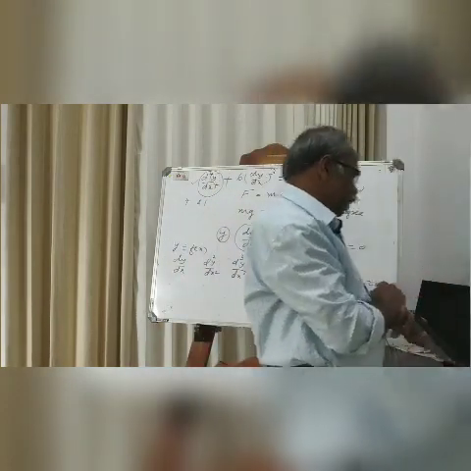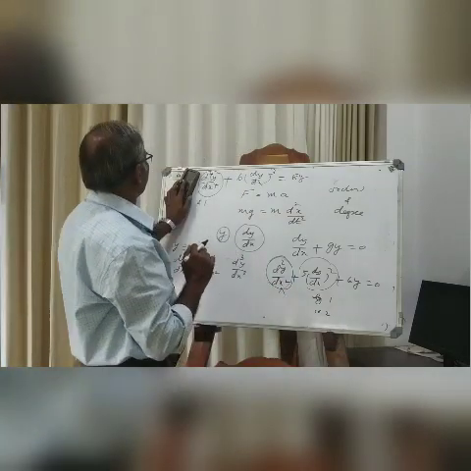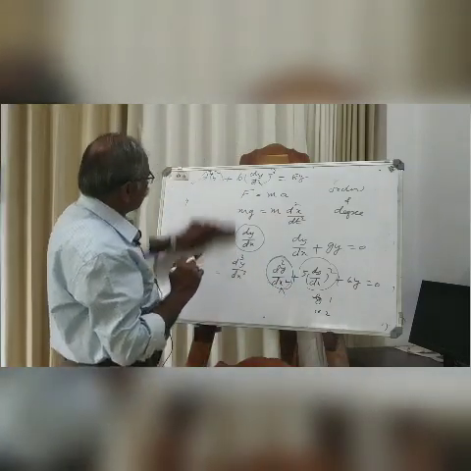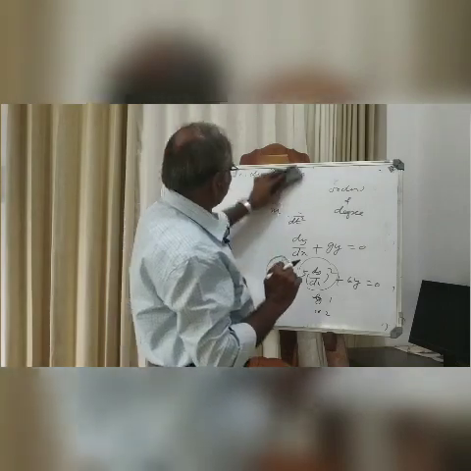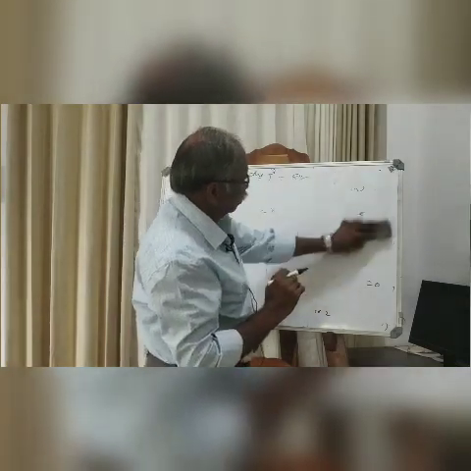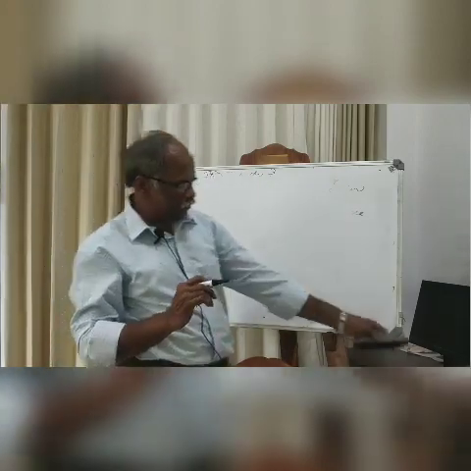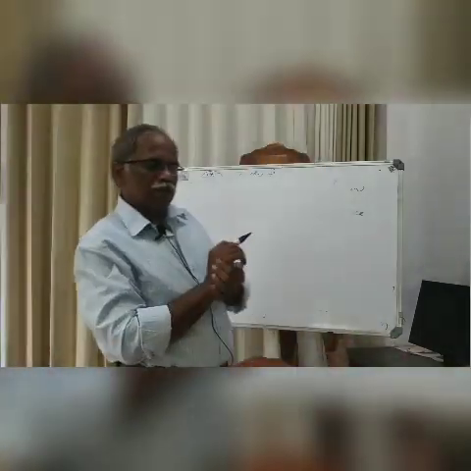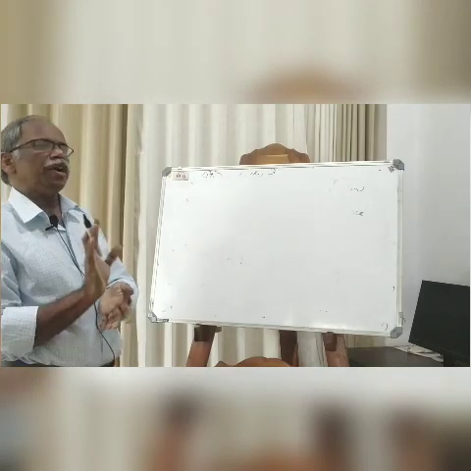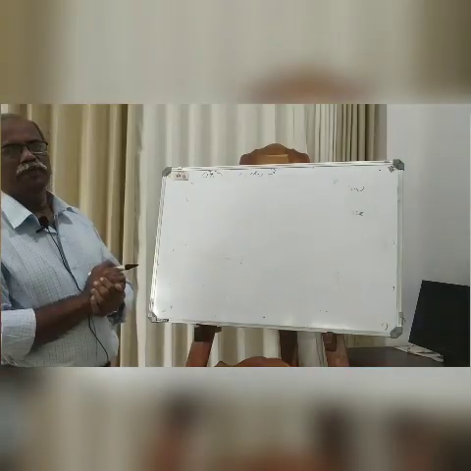Then we define what is meant by an ordinary differential equation and what is meant by a partial differential equation. Ordinary differential equation means a differential equation which has only one independent variable.